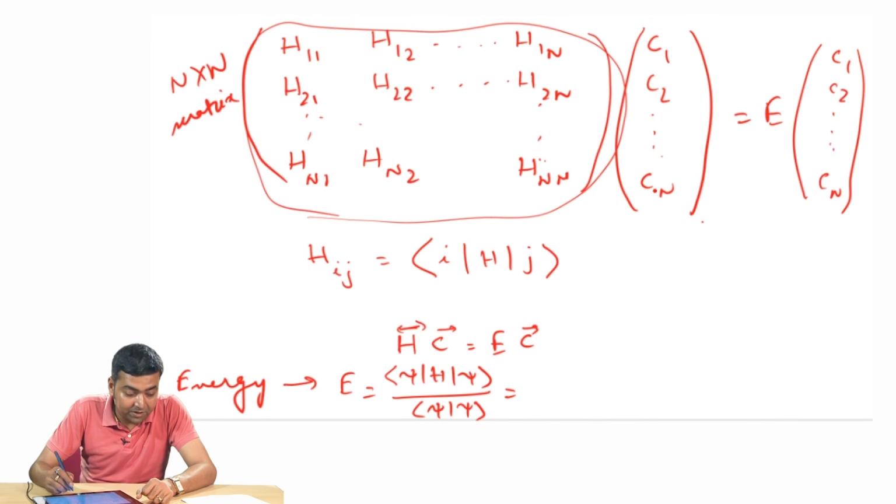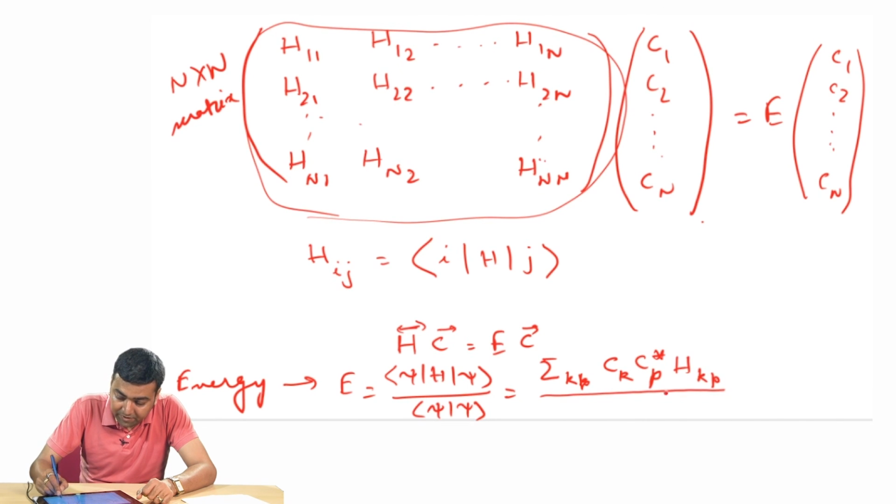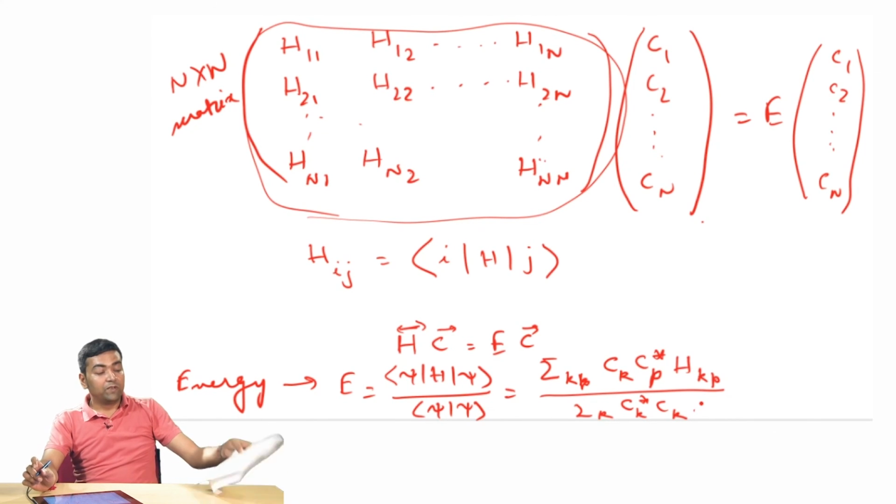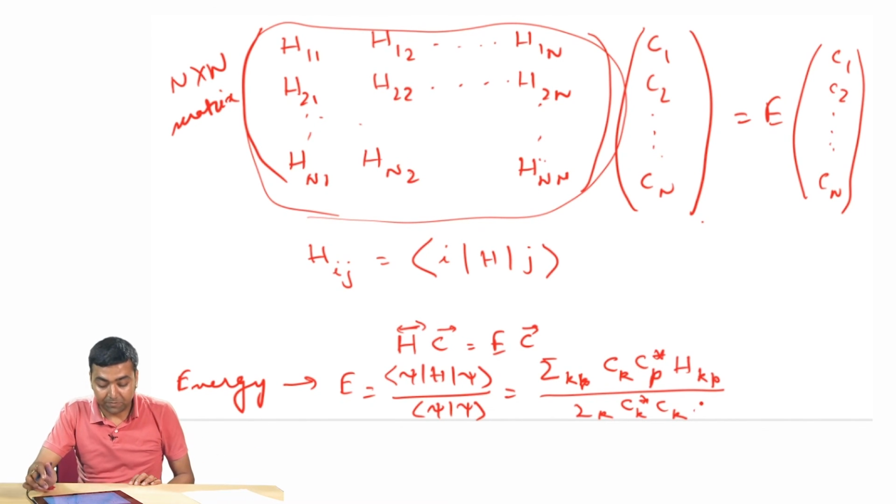So, if I plug it in there, what I will get is that my energy eigenvalue will be given by the sum over k, p of C_k C_p star H_kp, divided by the sum over k of C_k star C_k. So, this is what my energy eigenvalues will be in this formalism.